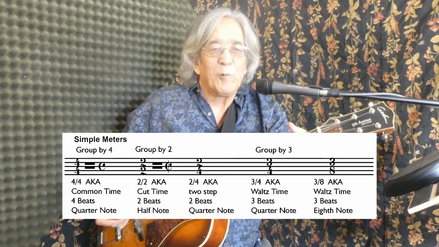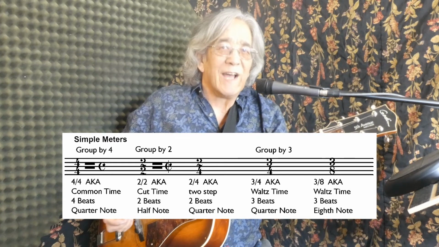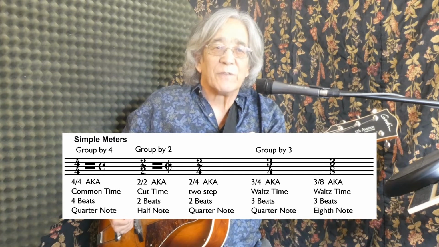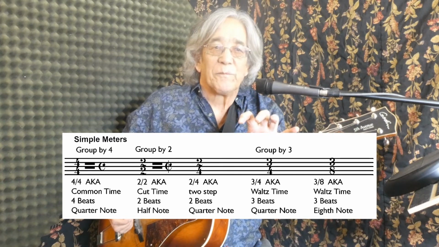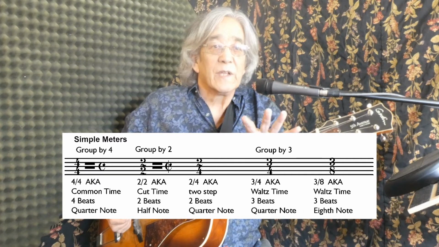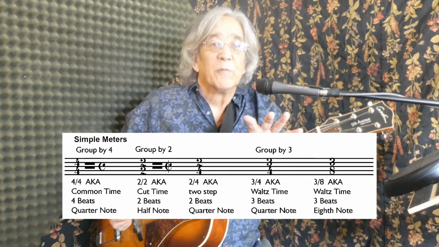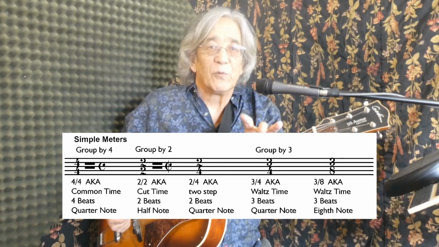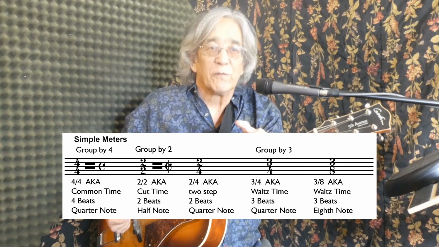At which point I'm really counting 2 half notes, and that is cut time. 2 half notes is a 2 beat. Okay, it looks like 4/4, but it's felt like 2. 1, 2, as opposed to 1, 2, 3, 4.